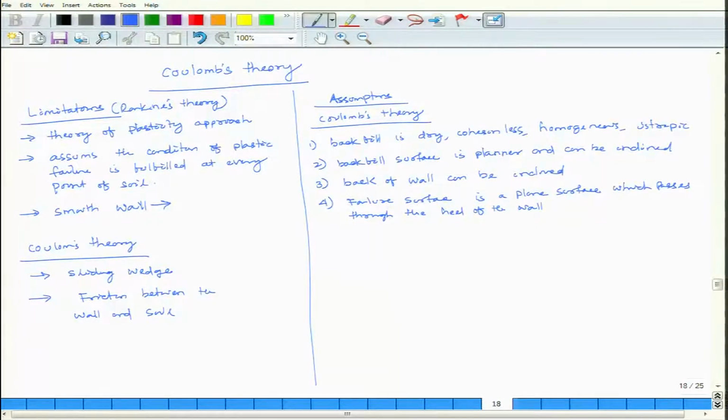The position and line of action of earth pressure are known.